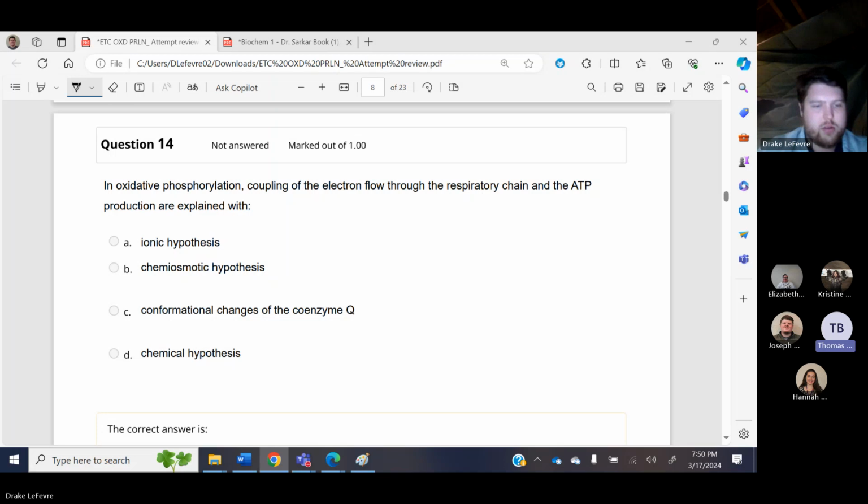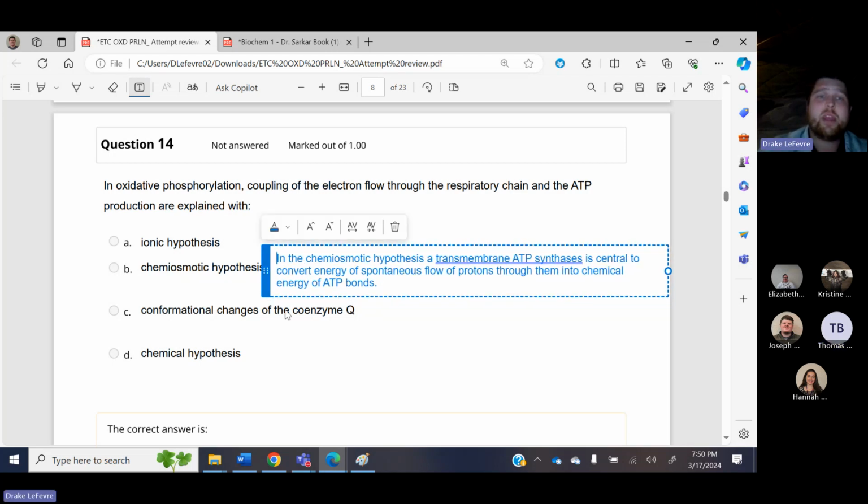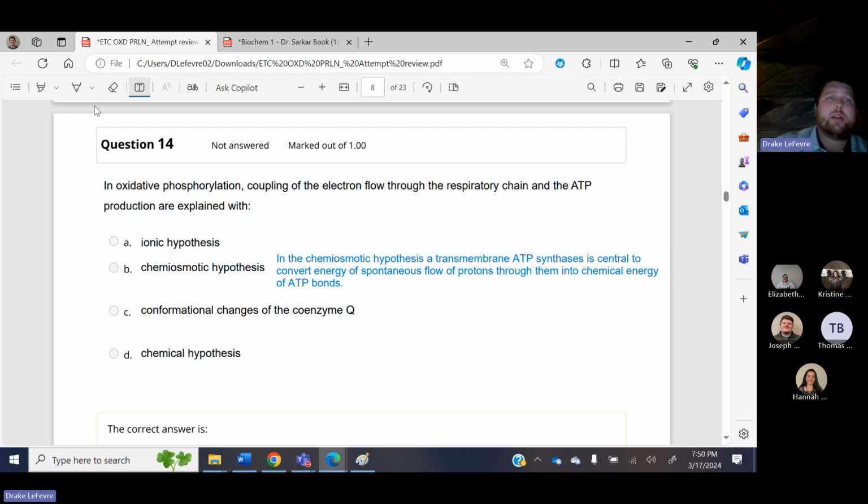Would it be chemiosmotic because we're talking about the concentration gradient of hydrogen? That's correct, yeah. This is more definition-wise, and honestly, we don't need to know the other definitions. We just want to know this one. So in the chemiosmotic hypothesis, there's a transmembrane ATP synthesis.